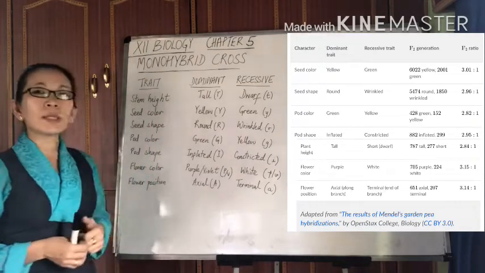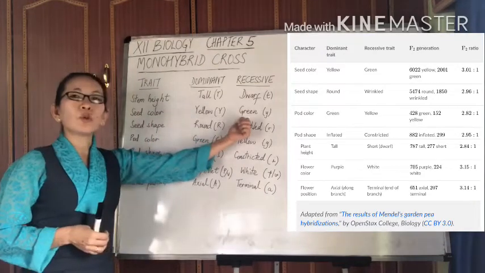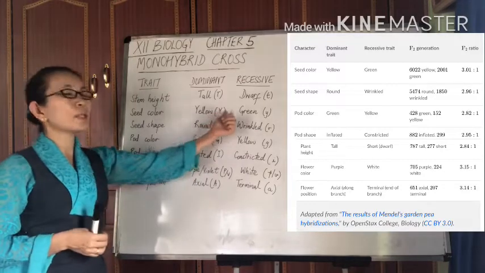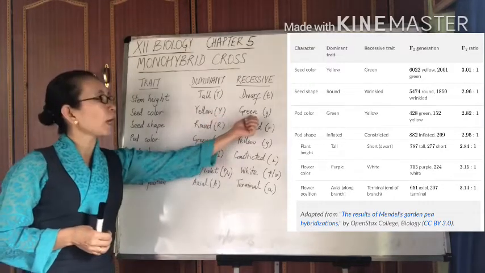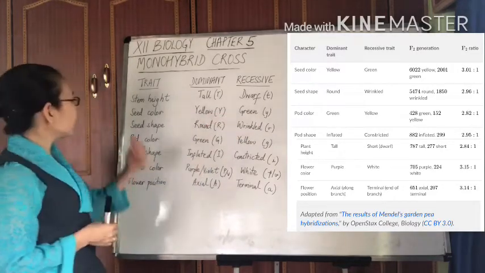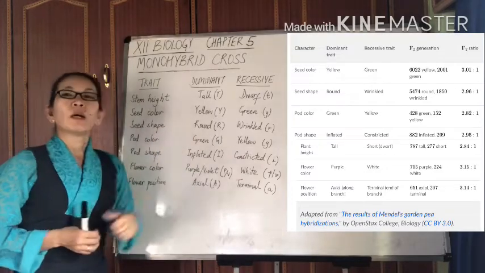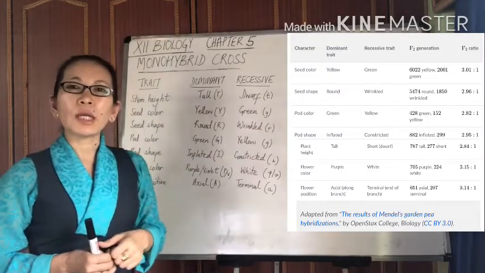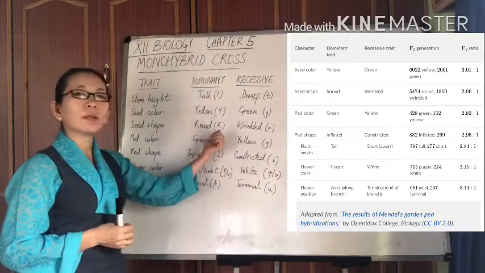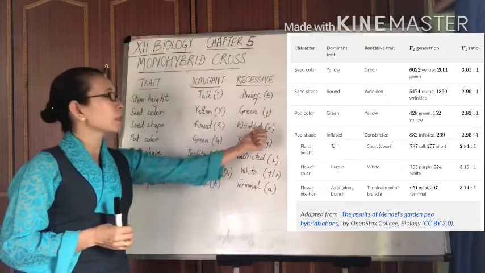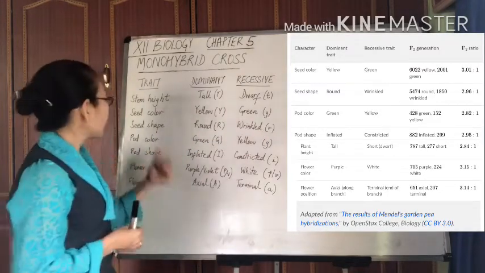Likewise, for seed color, yellow is dominant over green. So, we are going to be using capital Y for yellow and small y for green. For seed shape, round shape is dominant over wrinkled shape, and the letter that we are going to be using here is capital R for round and small r for wrinkled.